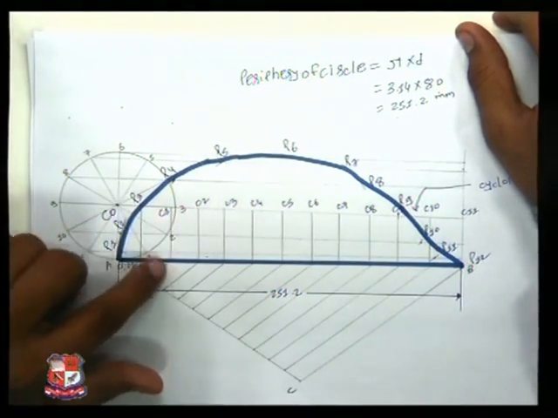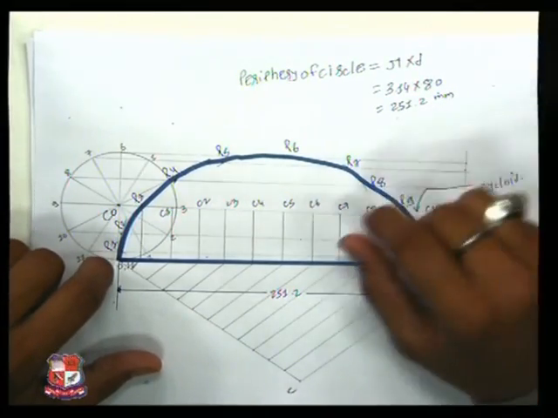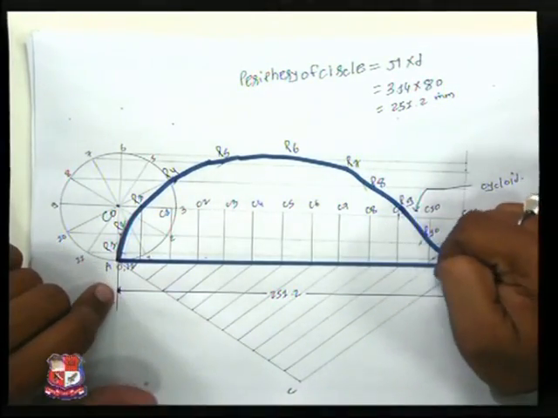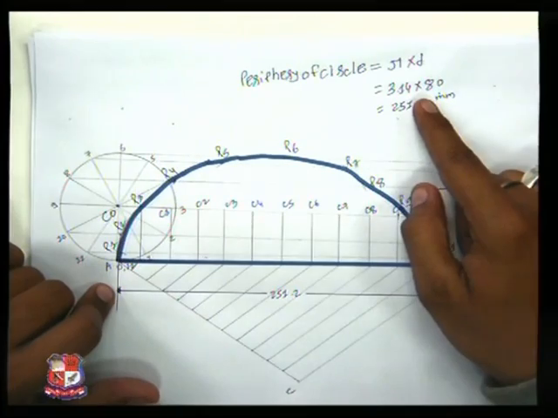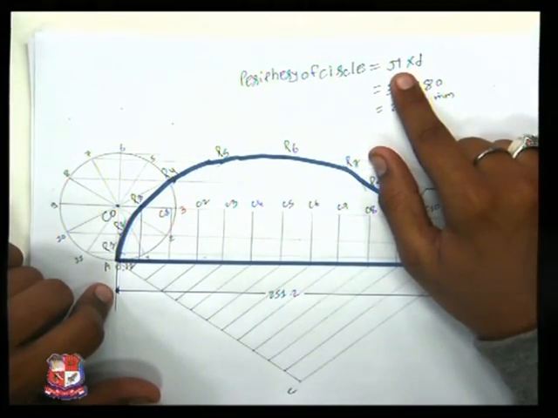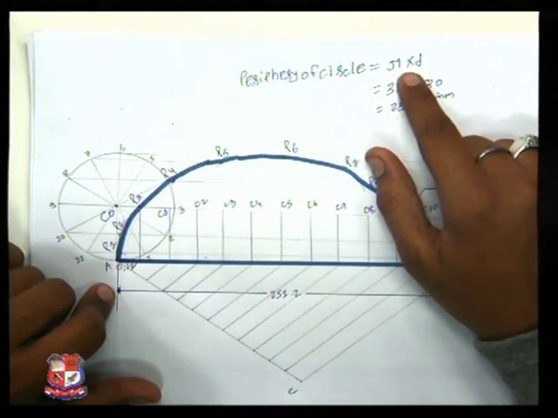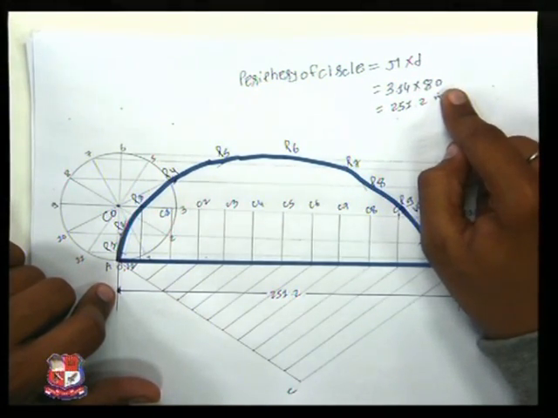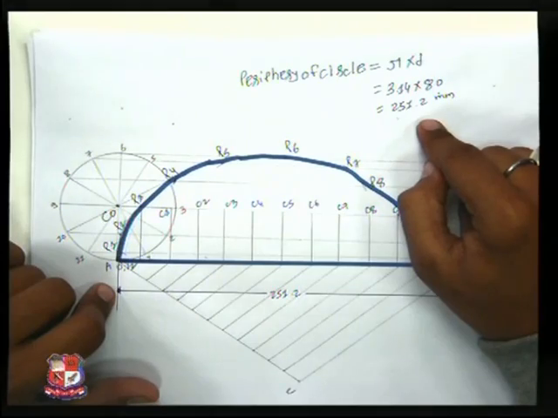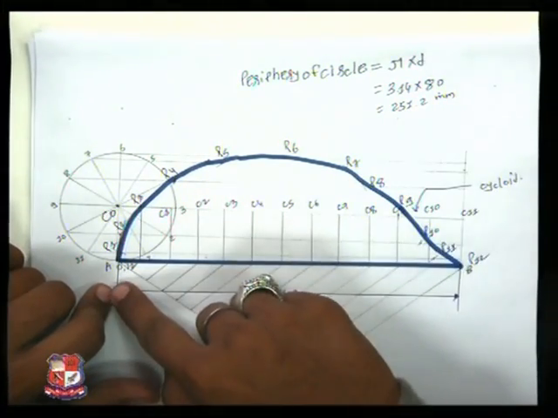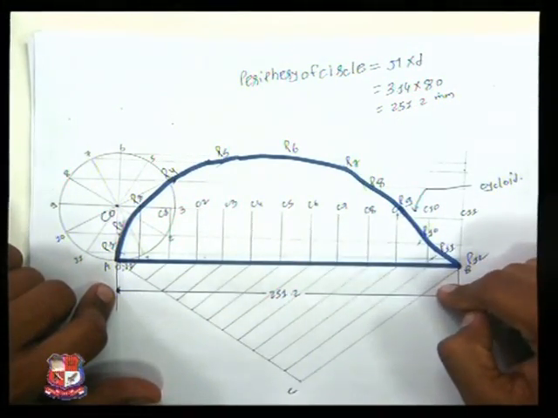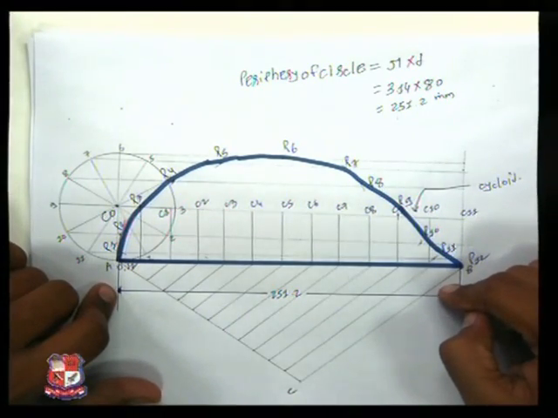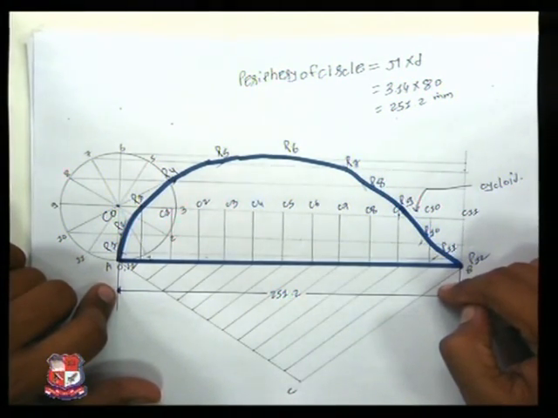When this circle completes one revolution on the horizontal basis, we need its periphery. The periphery of a circle is defined as pi d, where pi is 3.14 and the diameter is 80, which comes to around 251.2. This means the circle will horizontally travel a distance of 251.2 to complete one revolution.